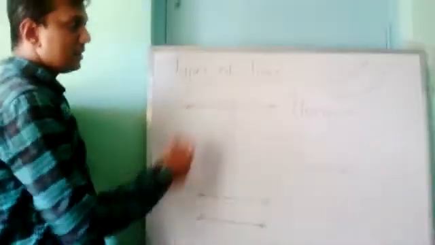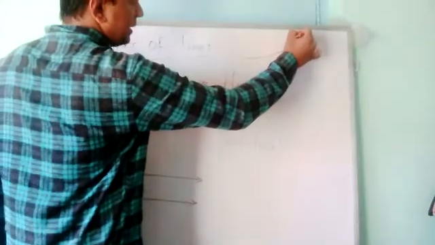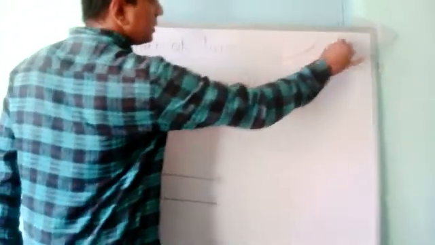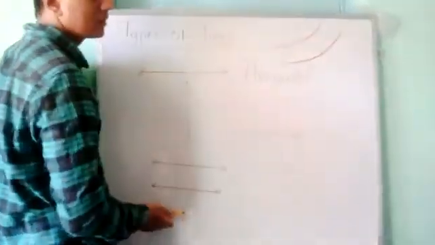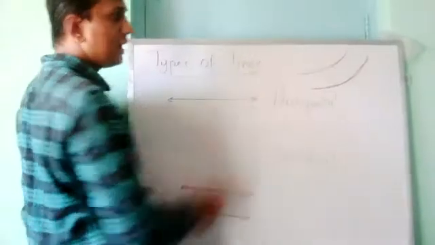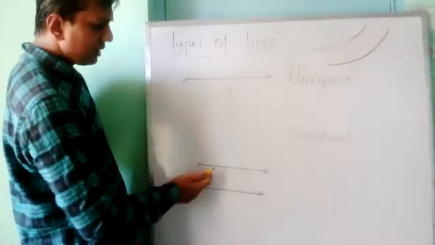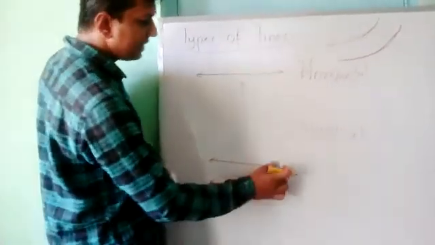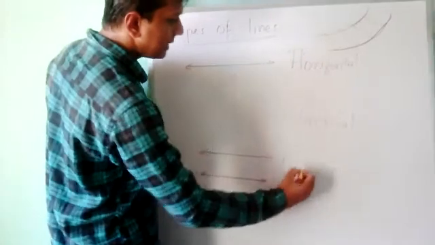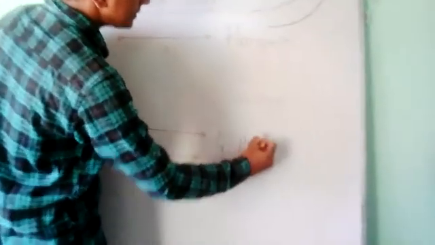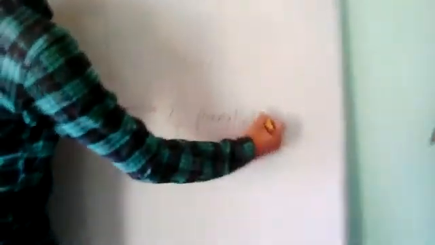The distance between the tracks is the same. What happens if the distance is not the same? The train will collapse. Okay? So this pair of lines is called parallel lines.